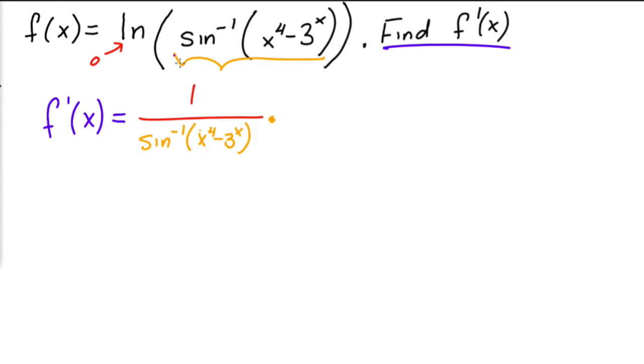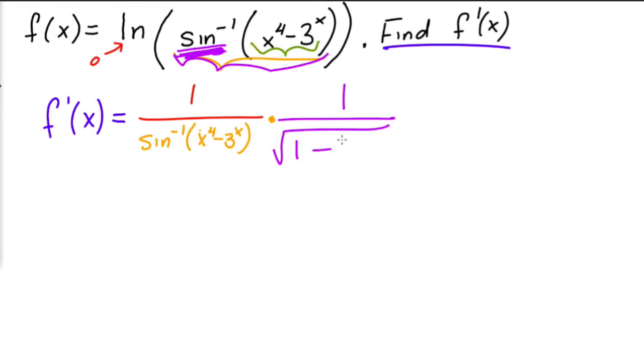So now that we're inside of here, we have another outside function, which is the inverse sine. So the derivative of this outside is 1 over the square root of 1 minus, and then it's normally x squared, but since we have a different inside, we have to leave that alone.